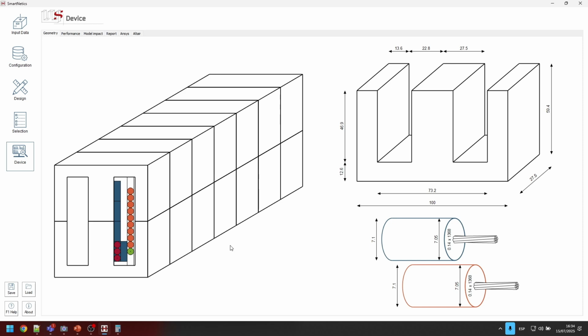So there will be a small difference in the total resistance or in the leakage inductance or the AC resistance, something like that, but we don't expect that difference to be very big, okay?